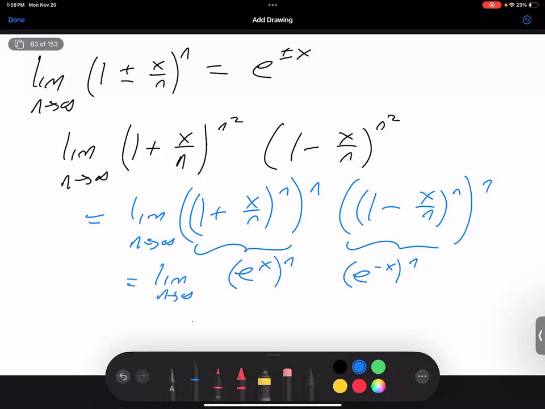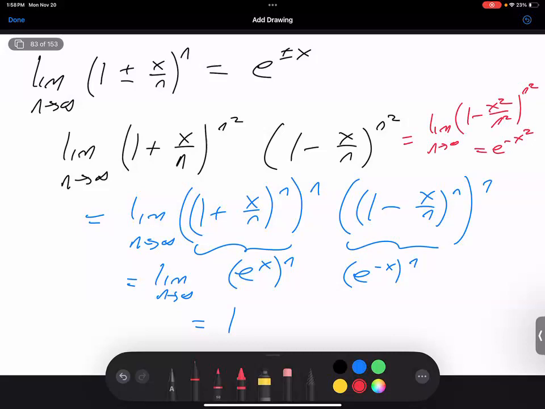So what should this product go to? Should go to 1. But if you associate them together, this is the same as the limit as n goes to infinity of 1 minus x squared over n squared to the n, and that's just e to the negative x squared.